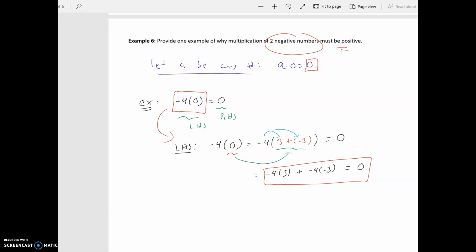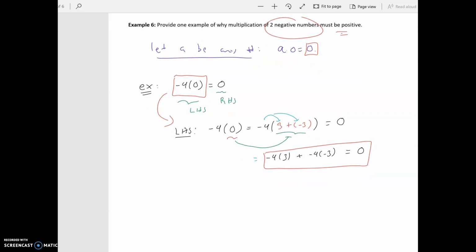Now, notice I only have numerical values on the left-hand side of the equation, and they have to add up to 0.